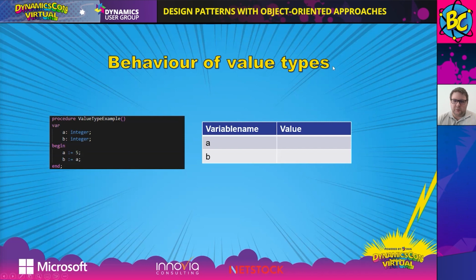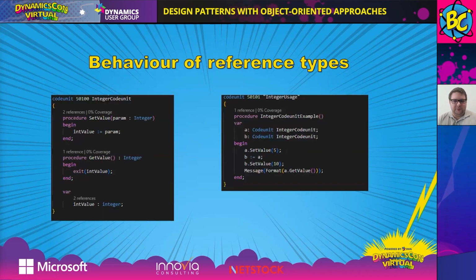First, how does a value type behave? We have on the left side a little code example with 2 integer variables. First, we assign 5 to the first variable, and then we assign the second variable with the first variable. When you see on the right side, both variables show the value 5. So when I change the value of B now, it doesn't affect A. Quite simple.